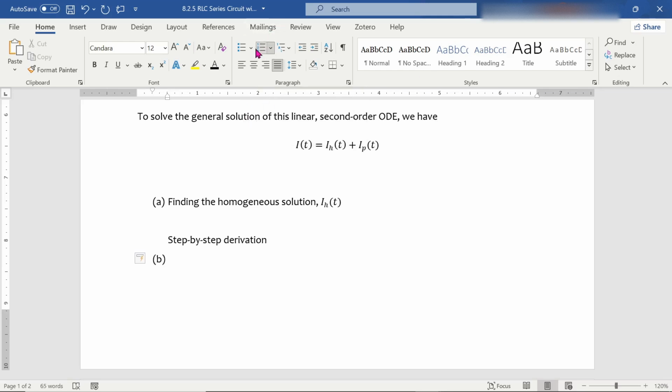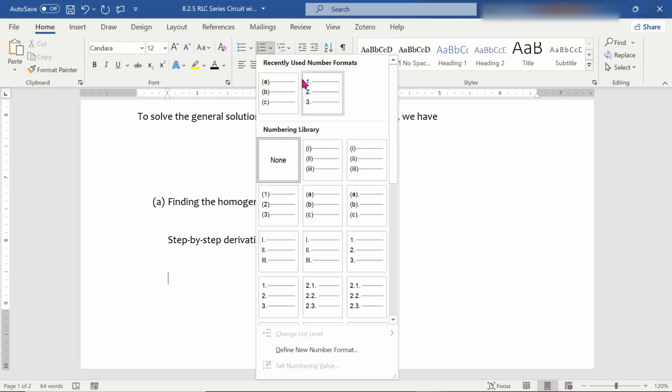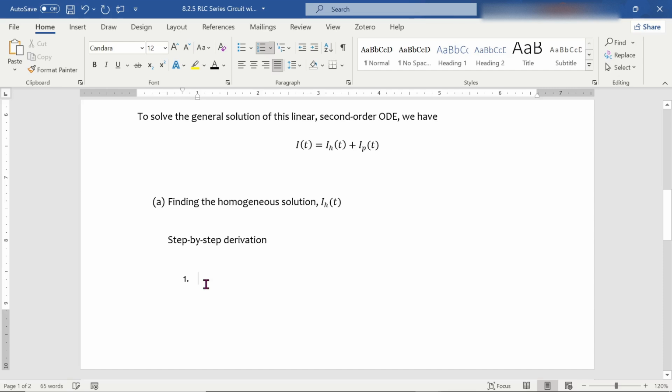So we start with, and the first step is to find the characteristic equation.